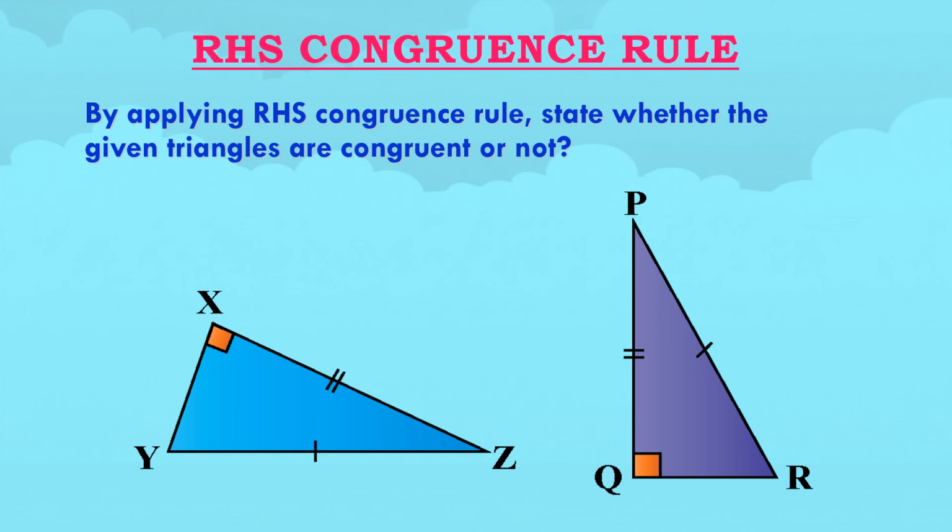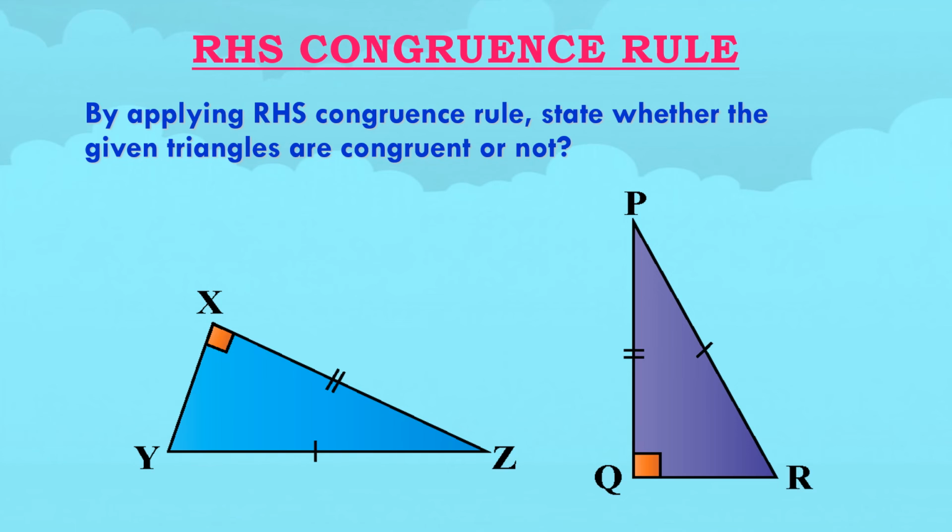So the answer should be, in triangle YXZ. See, the name of the triangle can differ, okay? In triangle YXZ and RQP, first condition is right angle. So angle X is equal to angle Q, each 90 degrees. Second condition should be hypotenuse.